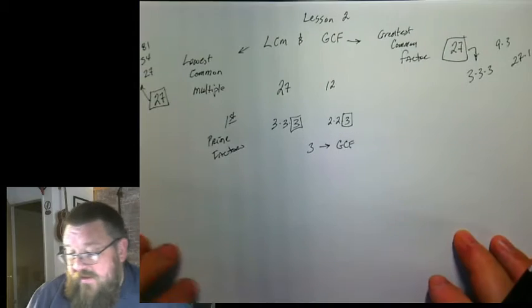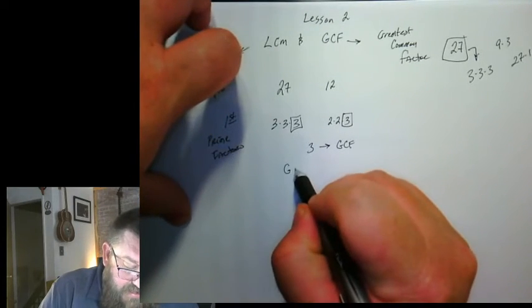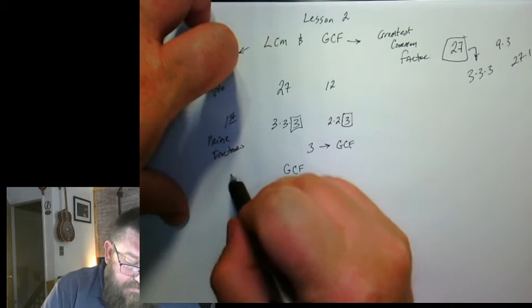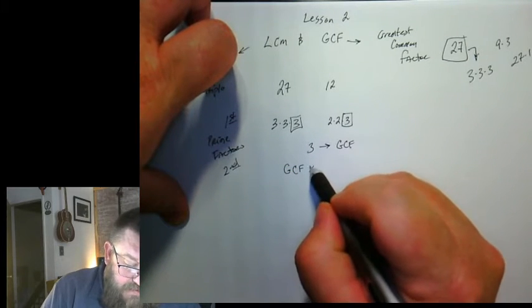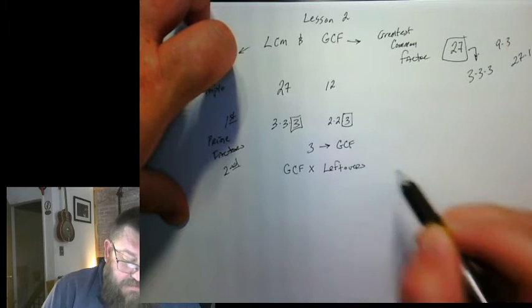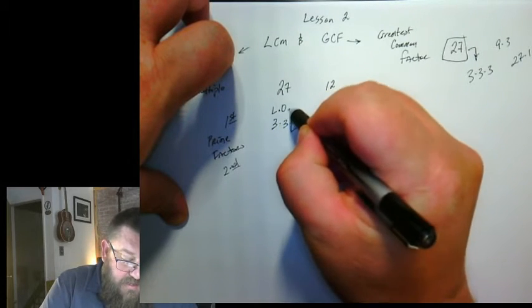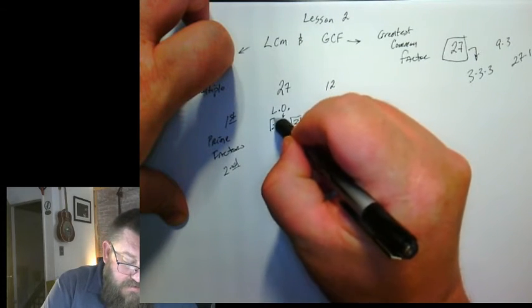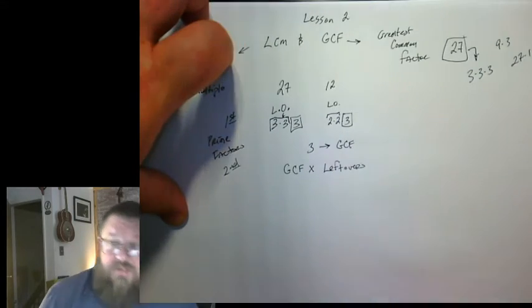Now, to find the LCM, we take your GCF and you multiply that by the leftovers. Let me show you what I mean by the leftovers. Over here, these are the leftovers, and these are your leftovers.